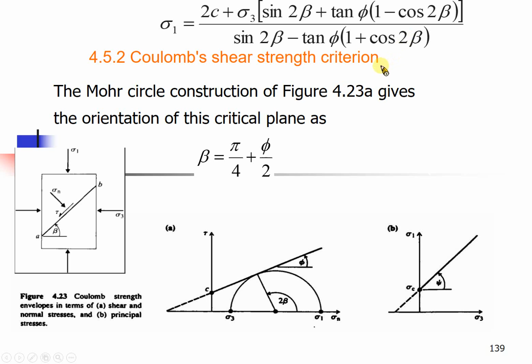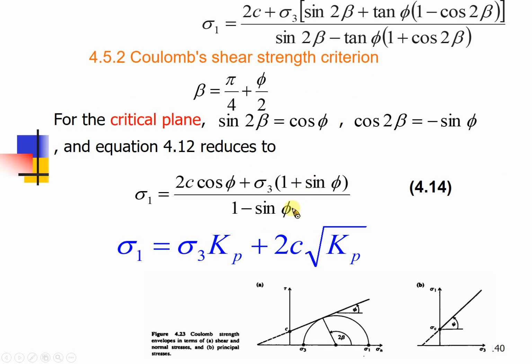Then this formula can be largely simplified like this. If you put this to here, then you can get the simplified equation for this. You can further simplify this like this.